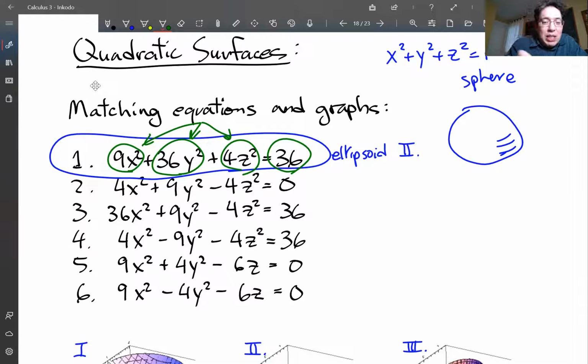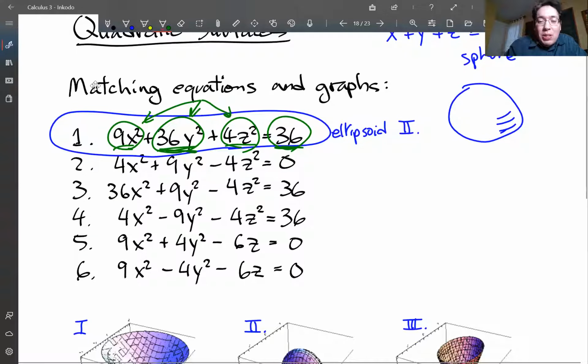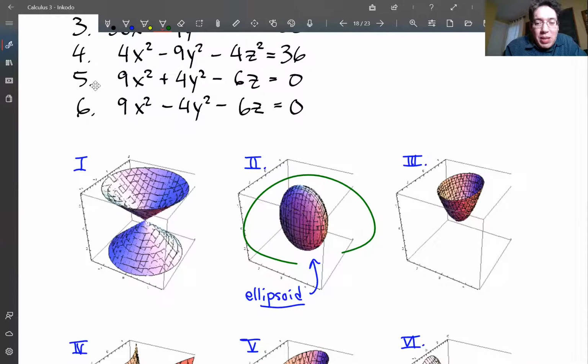For example, even if x and z are equal to 0, if you look at 36y squared equals 36, the only way that could hold is if y squared is 1, right? Like it can never be greater than 1, because then that term alone will be bigger than 36. So this is the only picture that has that bounded feature. So that might be a good thing to notice. Okay.